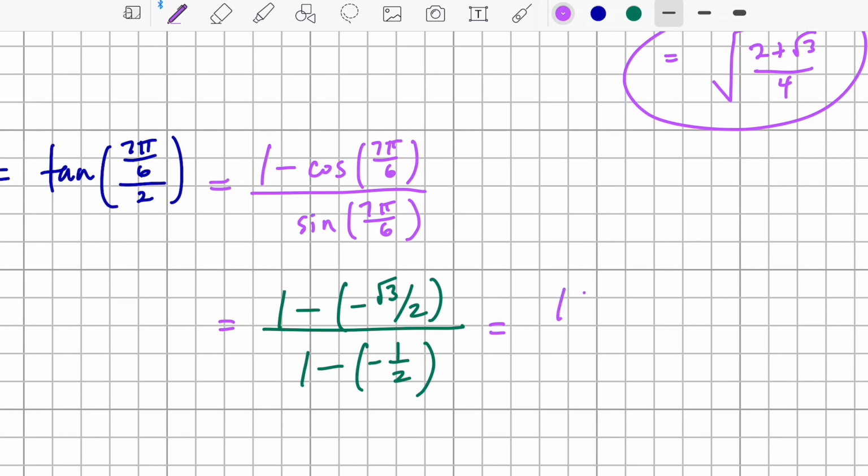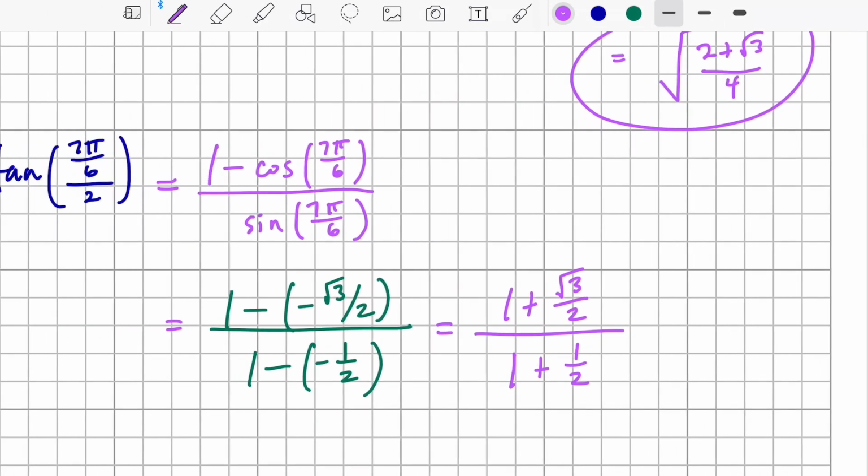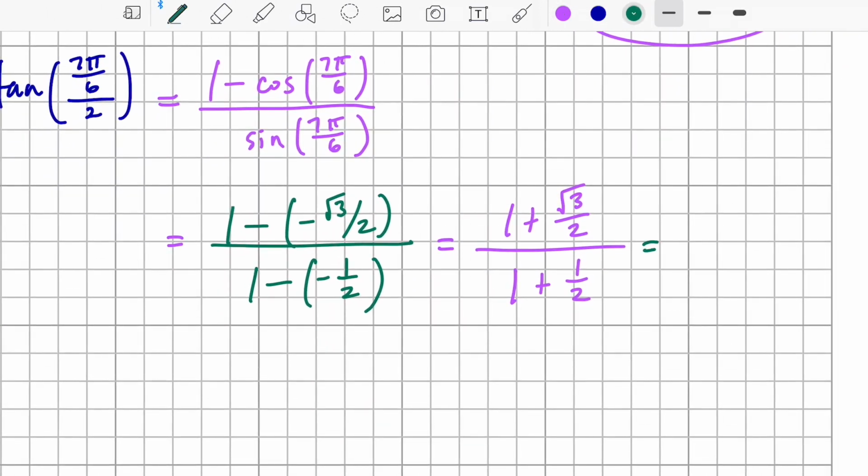Okay. So it'll be 1 plus square root of 3 over 2 divided by 1 plus 1 over 2. Let's simplify. So this one, if I rewrite the 1 as 2 over 2, same thing with this one, it's going to give me 2 plus square root of 3 over 2 divided by 3 over 2.